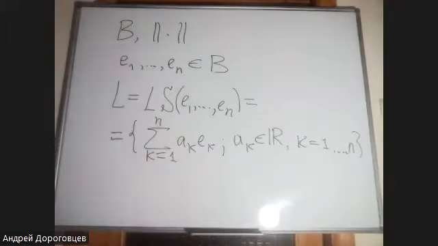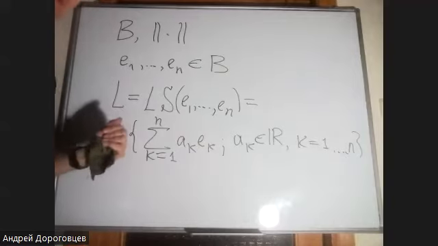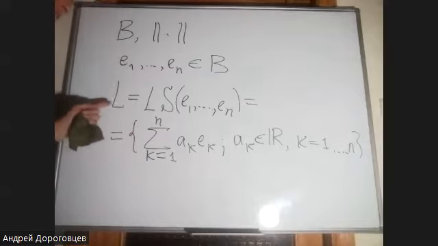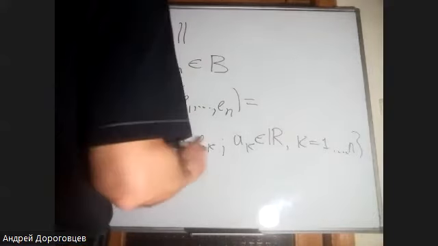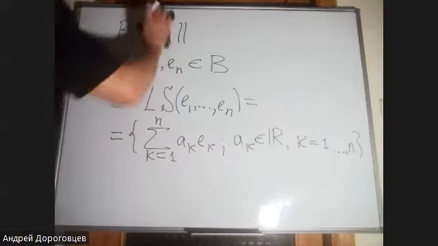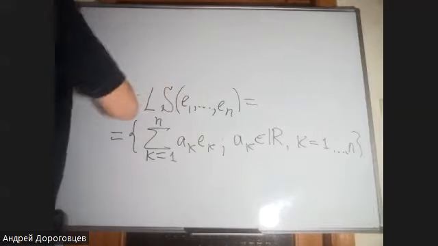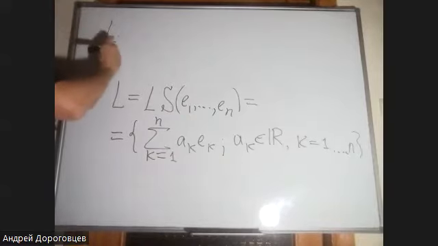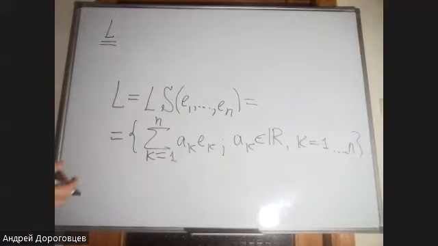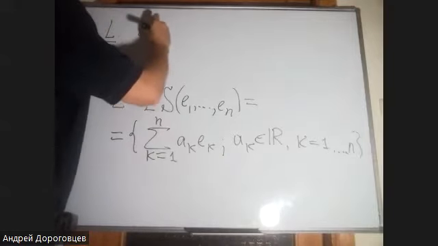What is important here is that I need the following fact, that L is a closed subspace of B. This is not a very large statement, but we need some statements in our course. So let this be a lemma: L is closed.